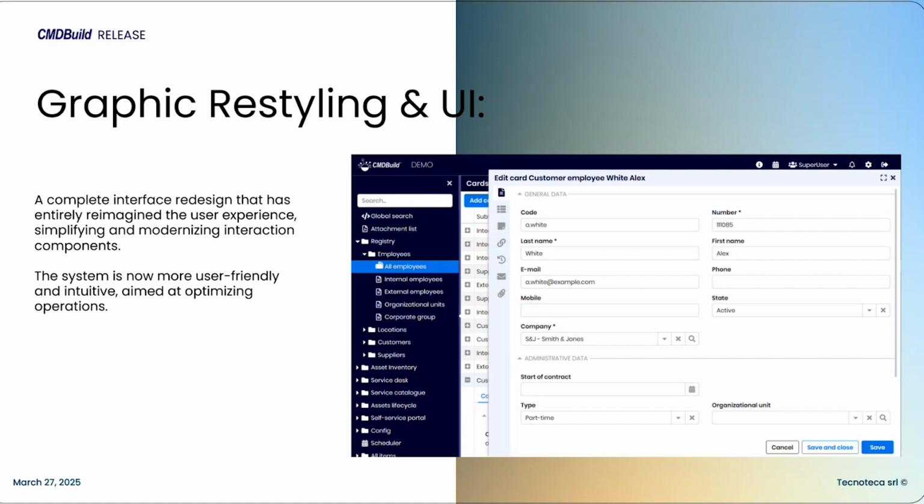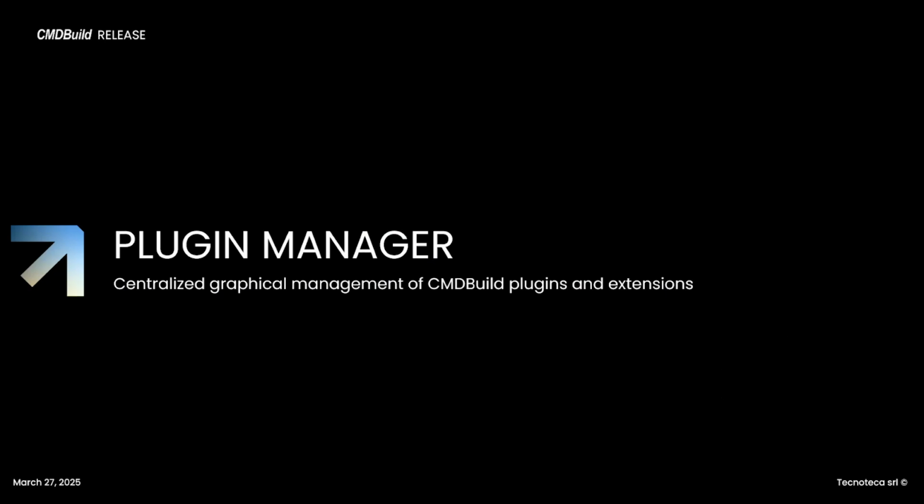We have also redesigned the login page, aligning it with the new user interface guidelines to ensure a more seamless and modern user experience. Then we have also updated the administration module, adapted to the new user interface principles for improved consistency across the platform. Now I leave the floor to Anna for another feature.